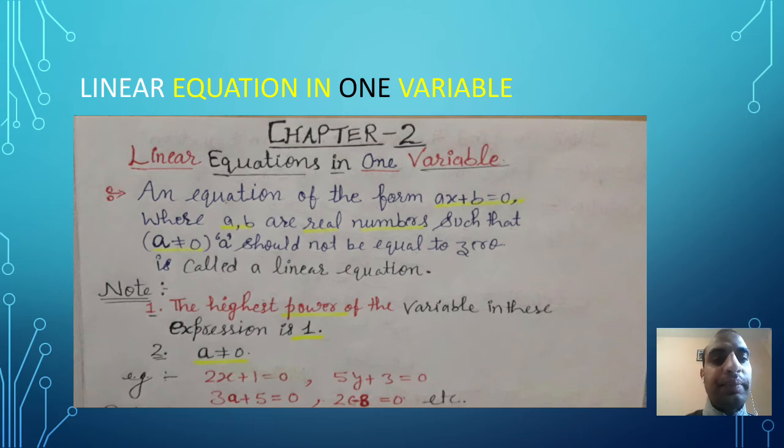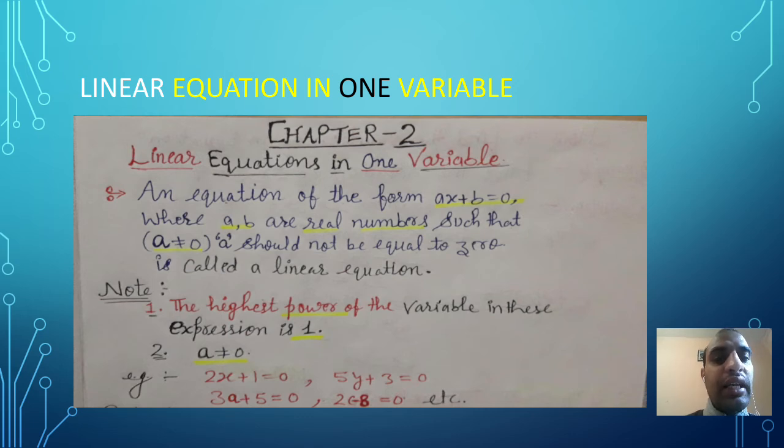How to define it first? An equation of the form ax plus b equals to 0, where a and b are real numbers. Very important: a and b are counting numbers, you can write here, or rational numbers you can write here, such that a is not equals to 0.